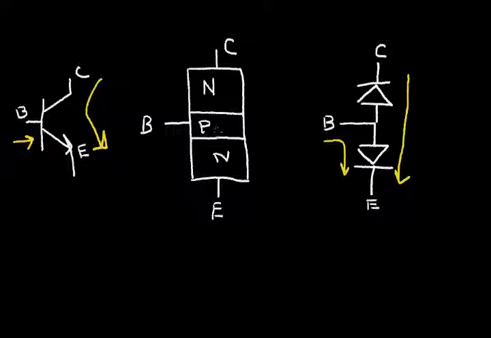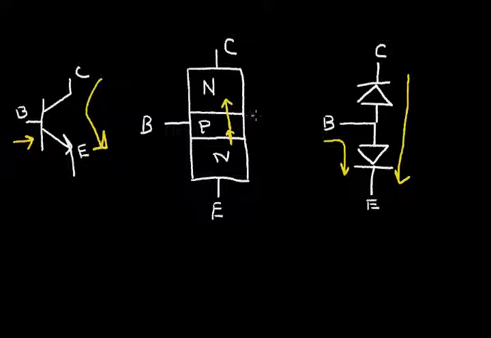So let's think about what's happening in this region. Now we know that in the N material, the predominant carriers are electrons. So when this base emitter diode is forward biased, we get a large amount of electrons that flow into this base region. And the electrons tend to flow across to the collector region.